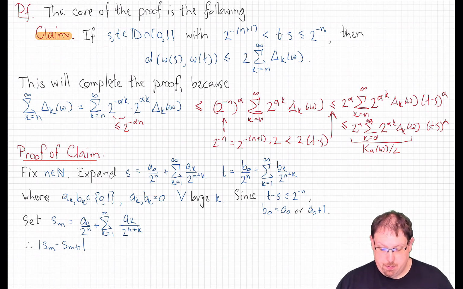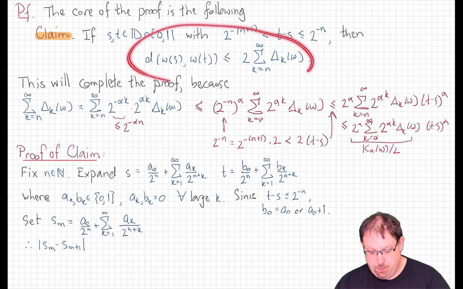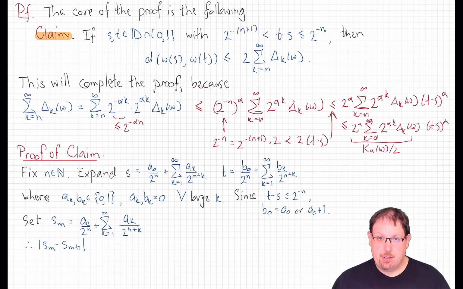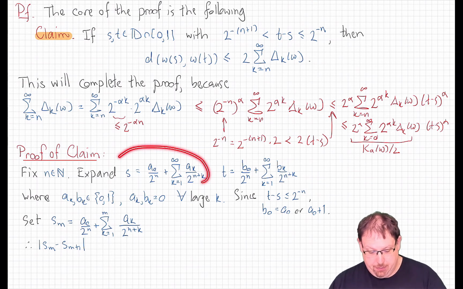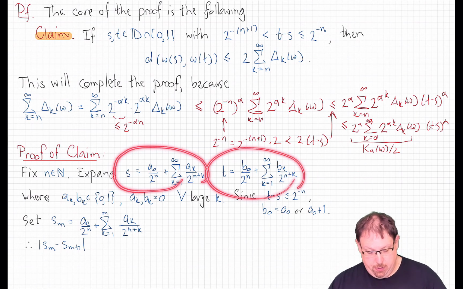So to prove this proposition, it remains just to prove this claim. And to do so, we're going to use that n-width partition of the representations of the dyadic rational numbers. So fix two dyadic rational numbers, s and t, in the unit interval, and give their expansions at level n, as we discussed.